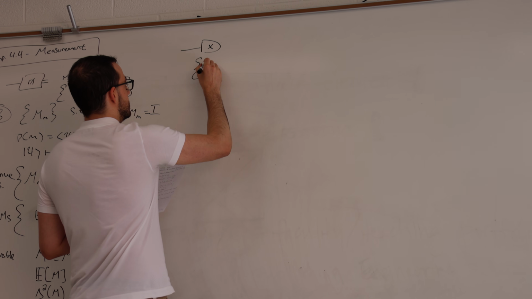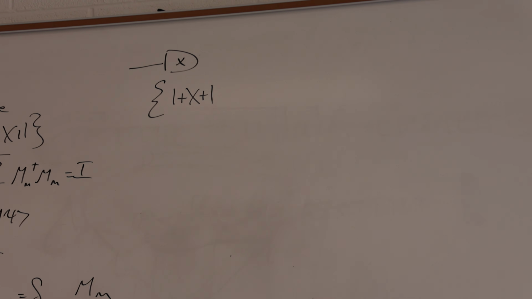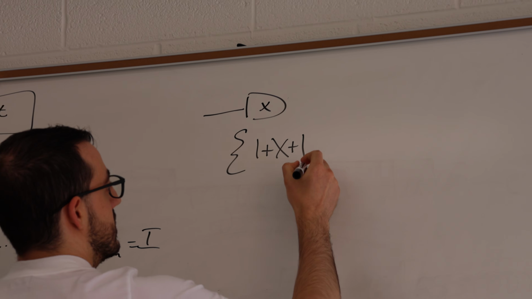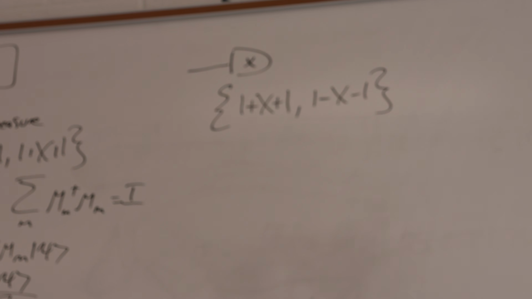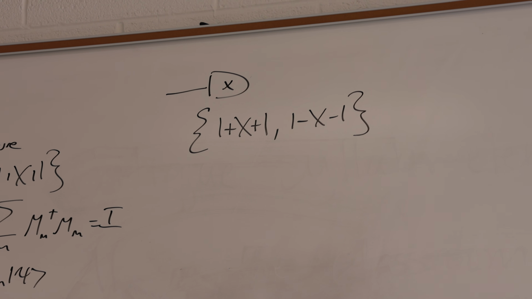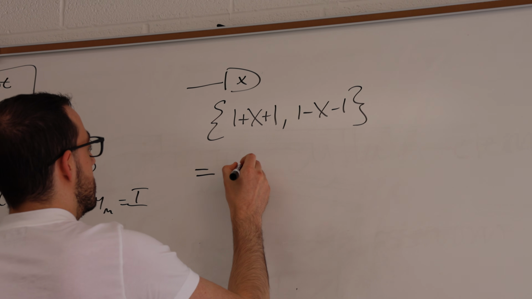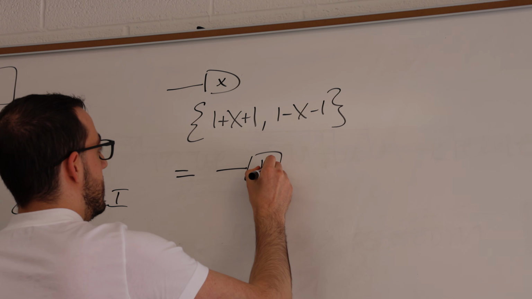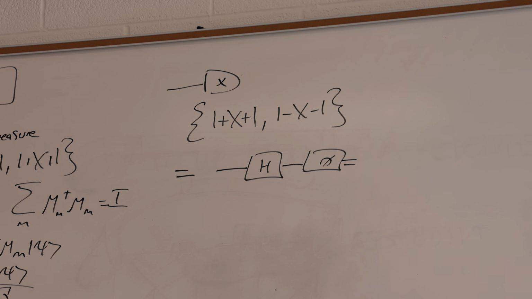The measurement operators in this case would be the eigenvectors corresponding to Pauli X. So |+⟩⟨+| and |−⟩⟨−| are our projective measurement operators in this case, a Hadamard basis measurement or an x-basis measurement. And we argued that this was equivalent to first doing a Hadamard gate and then doing a computational basis measurement. So this is just a reminder that this assumption is not limiting at all for us.